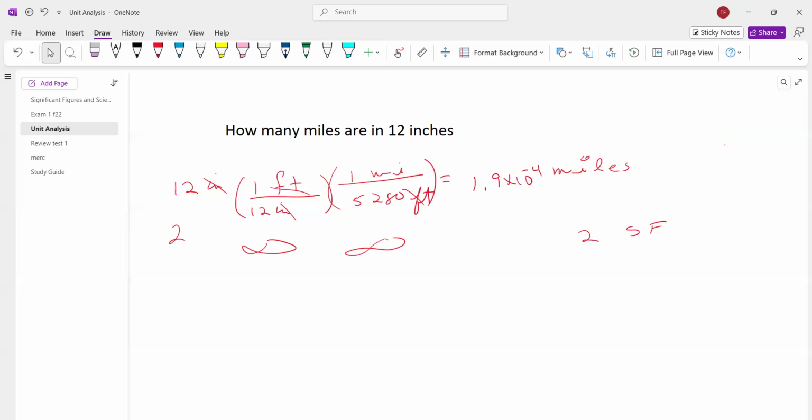SCI stands for scientific notation. FLO stands for floating point. Floating point is without the scientific notation. SCI means your answer will be converted to scientific notation for you. You still got to do sig figs, but most calculators will do that for you.